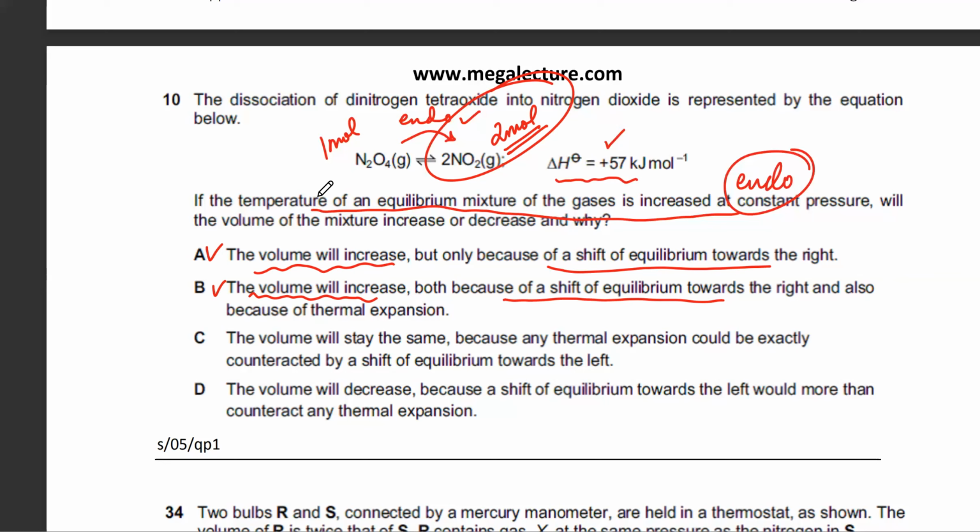Whenever you increase temperature, what happens to gases? They expand as well. So there are 2 reasons why the volume would increase. One is that the forward reaction is being favored and there's more gas being produced. The second is that at a higher temperature, gases expand. So there's thermal expansion as well. So B is a much better and more complete statement compared to A. Is this clear?